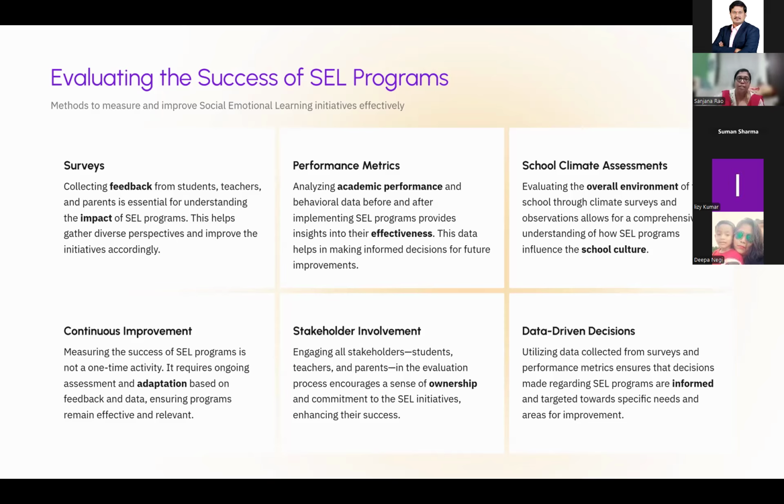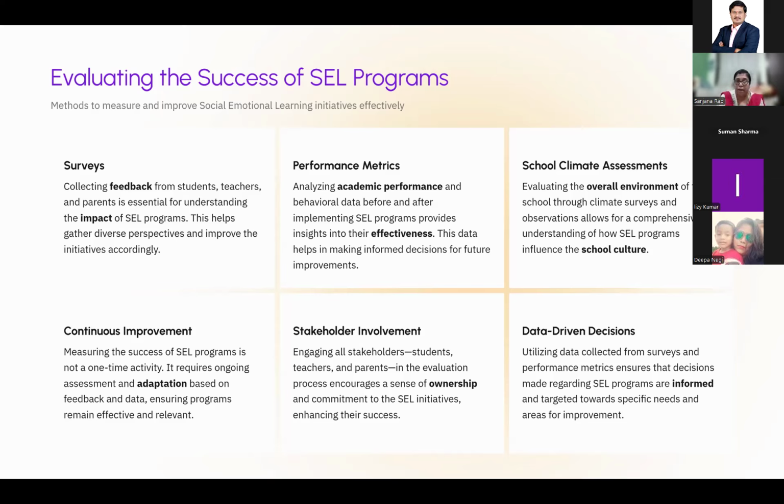So this helps in gathering other perspectives: how parents are expecting, how teachers are expecting from the parents, how the management is expecting from the parents, students and teachers, and the main thing, how students are expecting from teachers and parents. So these initiatives will improve accordingly.